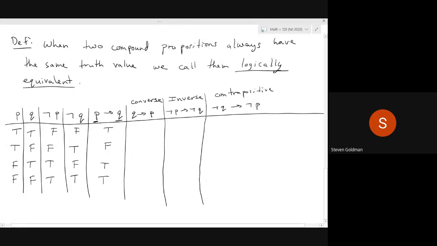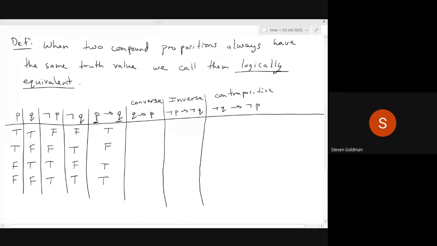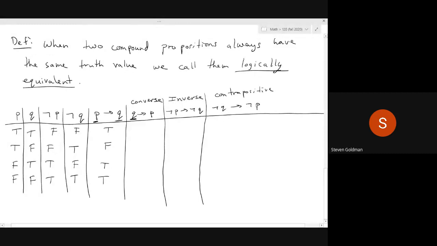Let's move on to the converse now. For the converse, Q is my hypothesis, P is my conclusion. The hypothesis and the conclusion have switched. So looking at P and Q, first row, Q, the hypothesis, is true, P, the conclusion, is also true, so the statement is true.